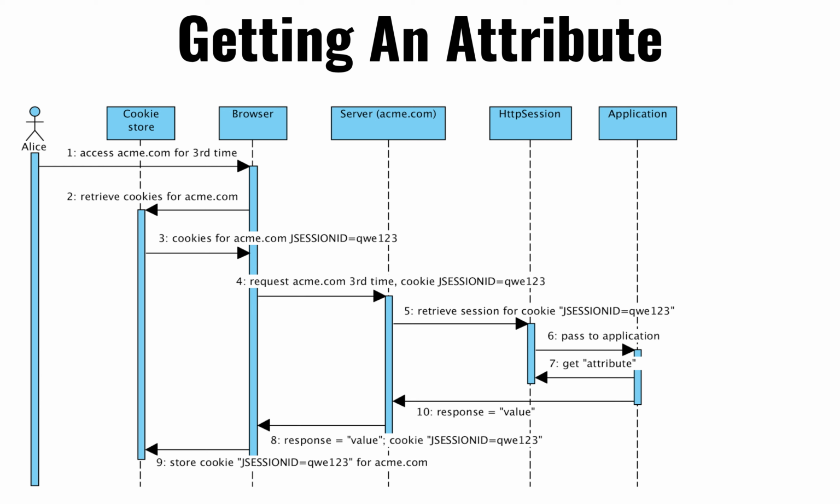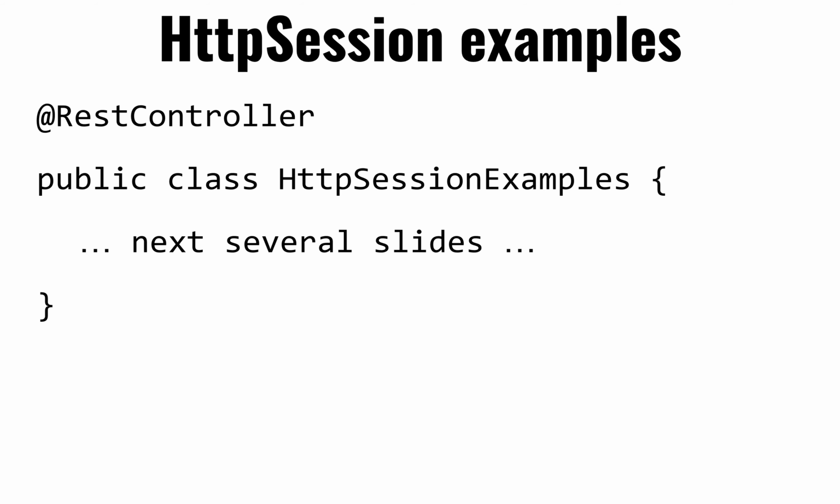And then I can challenge you to log in again. So your session would be 30 minutes, and then it would time out. So the same thing: cookie, retrieve the session, pass it to the application. Now I can get the attribute and then do whatever I want with that attribute. Find out that you are indeed logged in. Make sense?